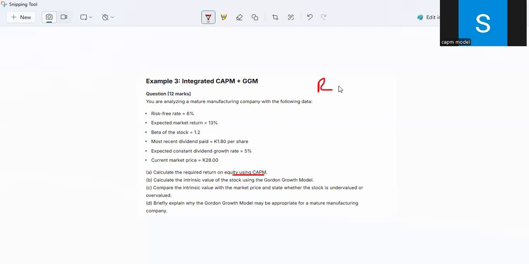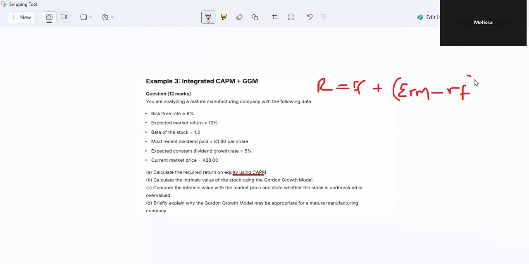Return is equal to the risk-free rate plus the premium, which is the expected return on the market less the risk-free rate. Then you multiply that by beta.